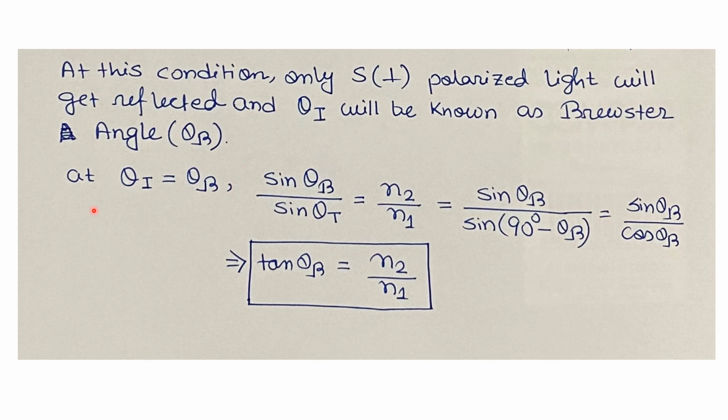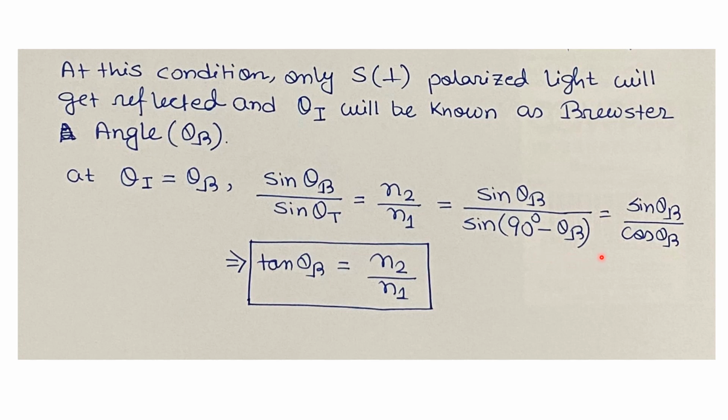Under this condition, the angle of incidence is our Brewster angle, theta b. By applying Snell's law, we get sine theta b by sine theta t equals n2 by n1. Now our theta t is 90 degree minus theta b according to our condition for the Brewster angle.